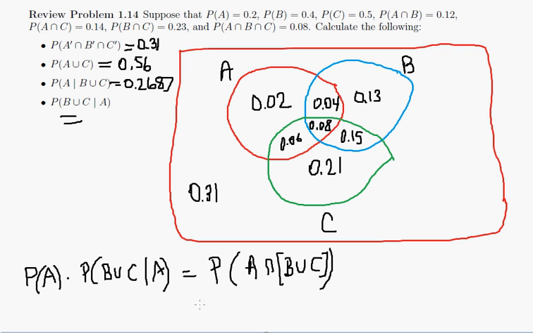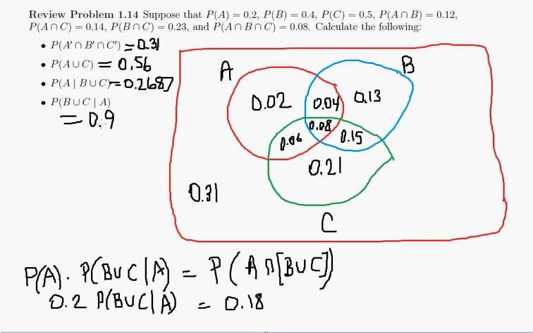The right-hand side we figured out earlier is 0.18. The probability of A is 0.2. And what's left is the probability of B union C given A. Dividing, we get 0.18 divided by 0.2, which is 0.9.